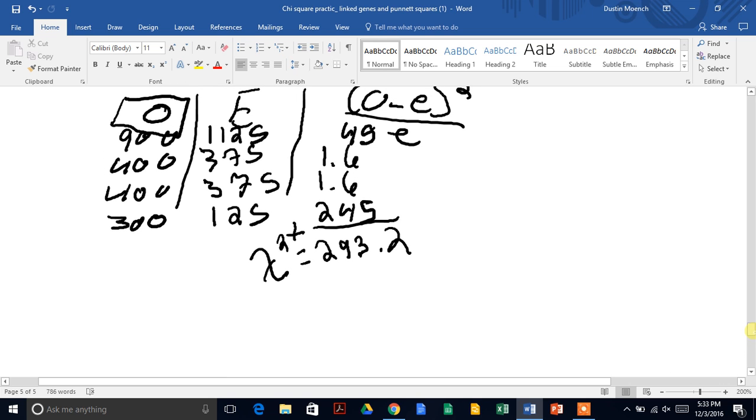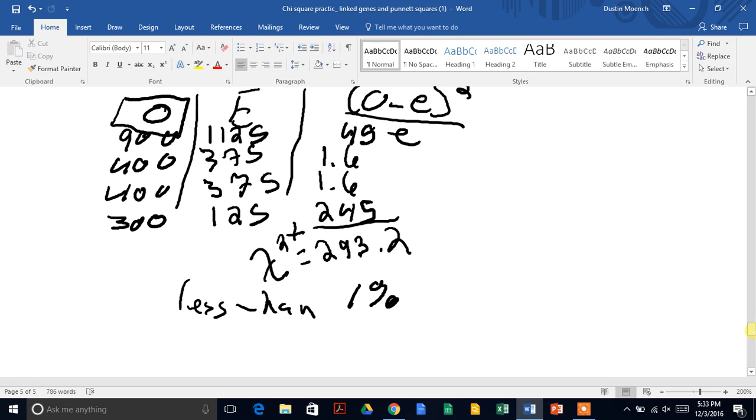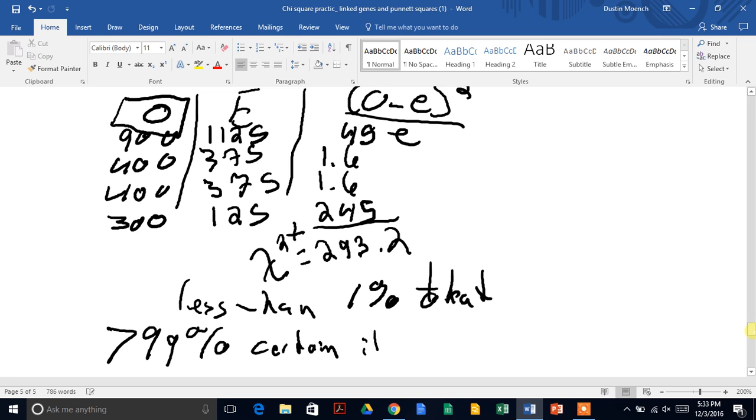So we have a less than 1% chance that the data is due to random chance, so we can be greater than 99% certain it is not a Mendelian pattern.